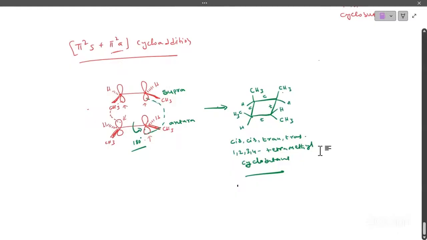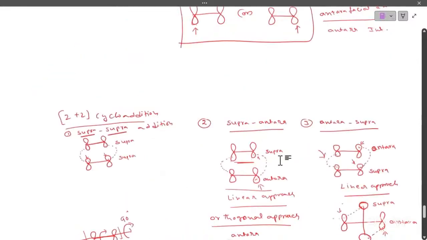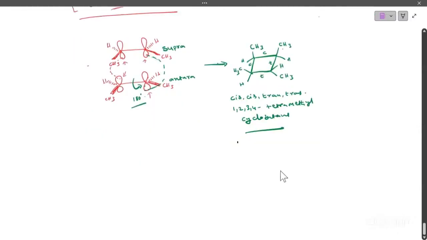Okay, these are the four stereochemical modes of pi 2 plus pi 2 cycloadditions.